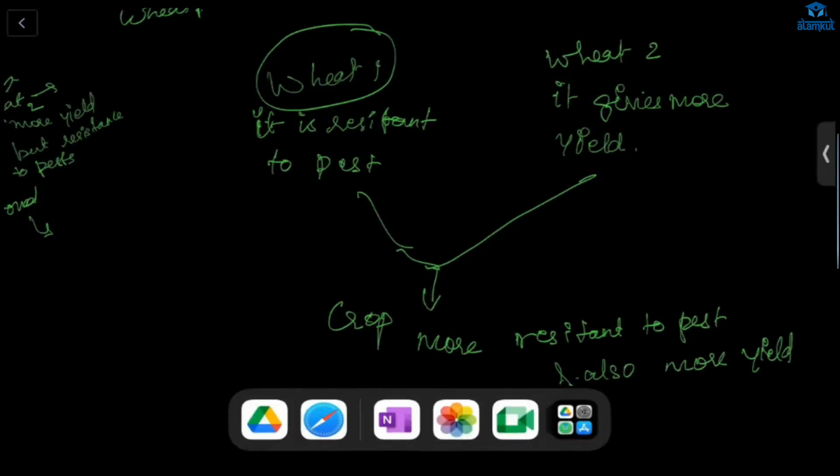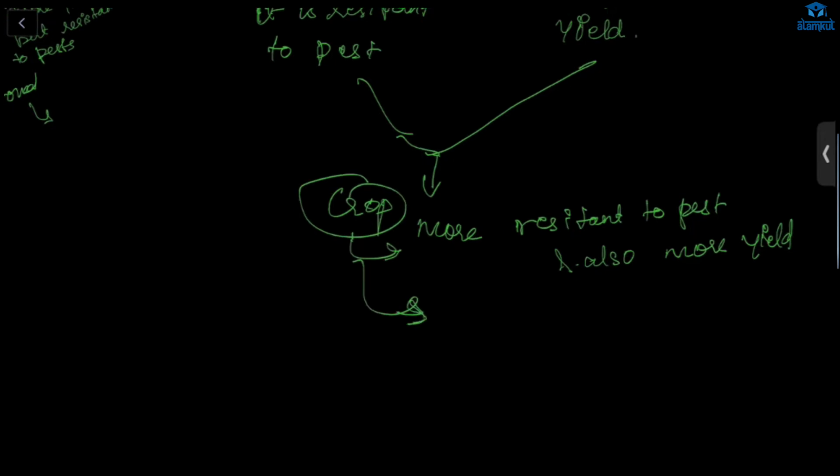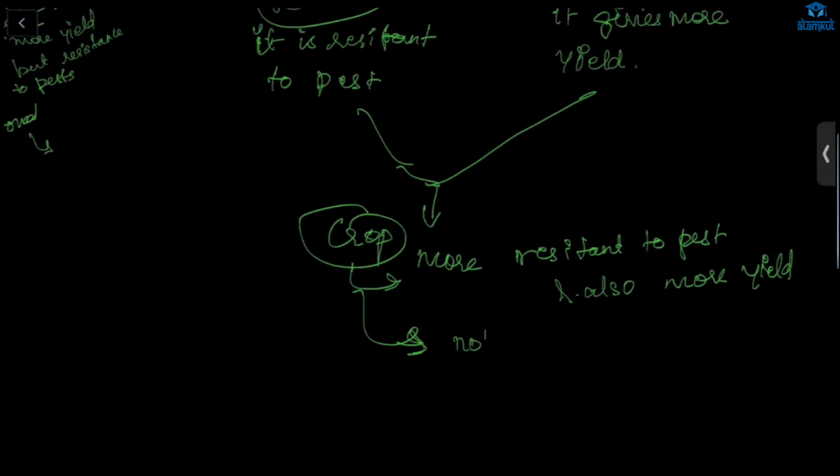But there will be many offspring born, and among them some will not be resistant to pest or will not give more yield, or some undesirable character will come, because they are not using genetic engineering.